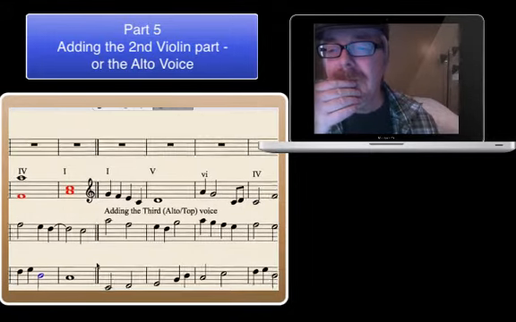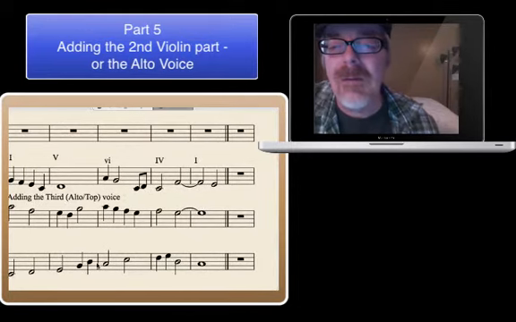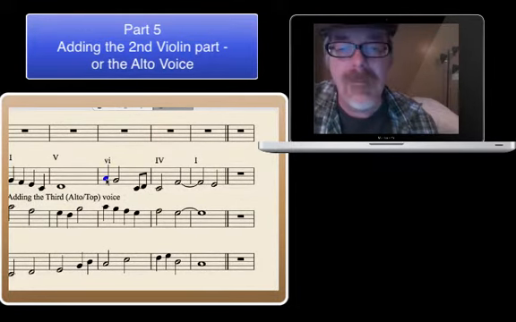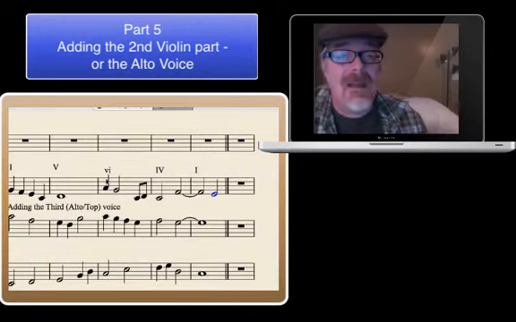You know what? I can't remember exactly why I changed that up, except that as I'm writing this line, and I'm hearing this, I decided I liked that part in the upper voice, and so I decided to change it.